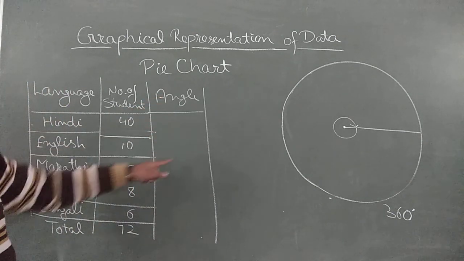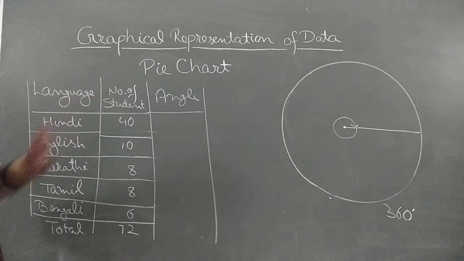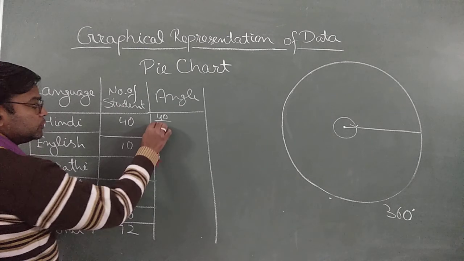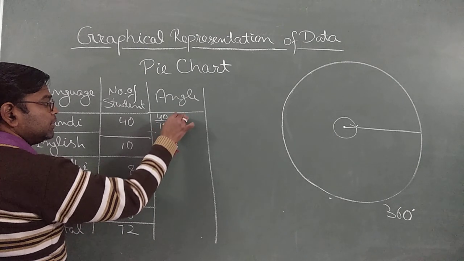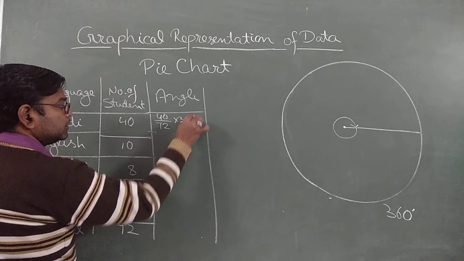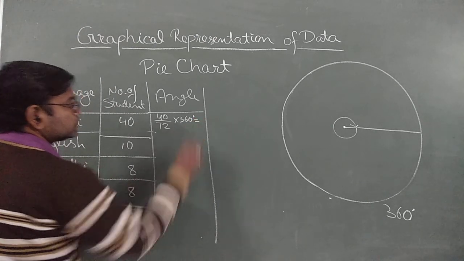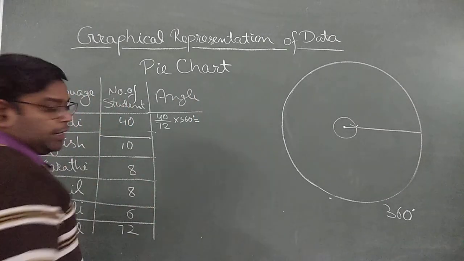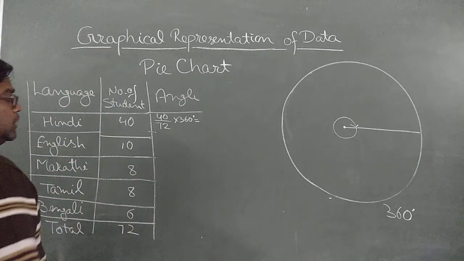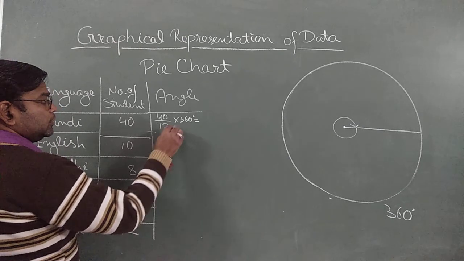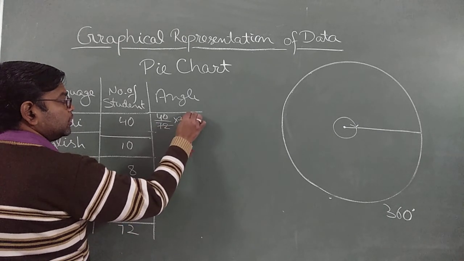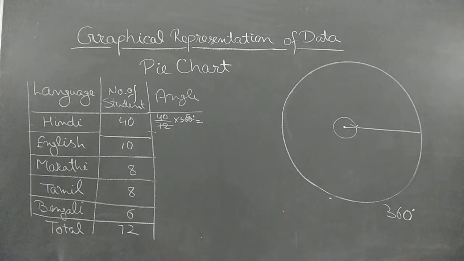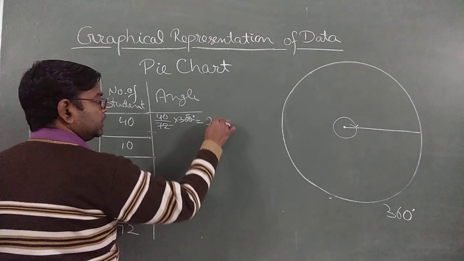How do we find out the angle? In this case, Hindi is read by 40 students. The total number of students is 72. And this must be multiplied by 360 degrees. This equals, you can see, 72 fives are 360, so 5 forties are 200 degrees.